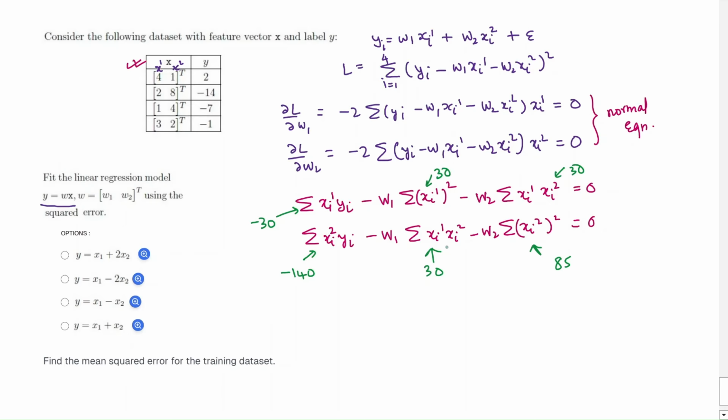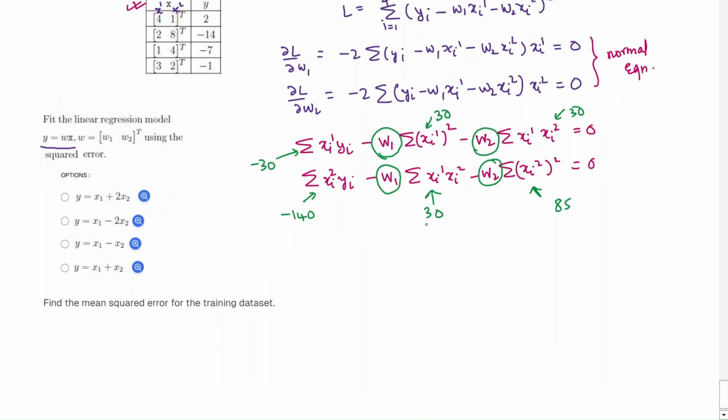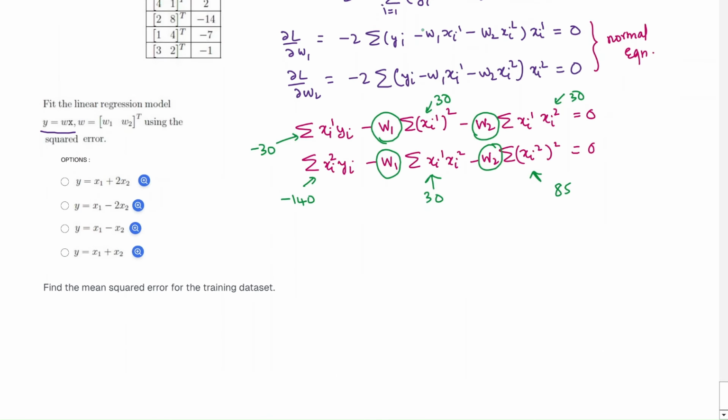So now we have two equations and two unknowns. What are the two unknowns? W1 and W2 are the two unknowns. And now this can be solved using simultaneous linear equations. So I can write 30W1 plus 30W2 equals minus 30, and 30W1 plus 85W2 equals minus 140.